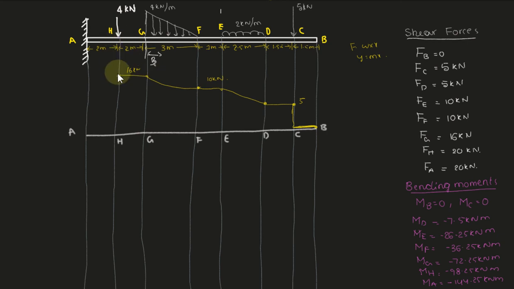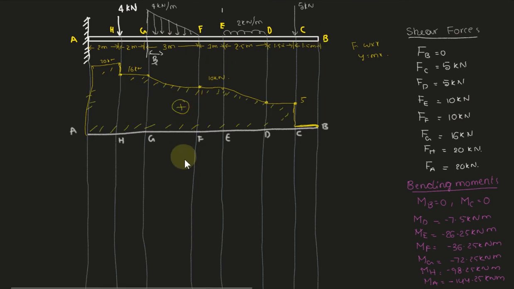And at H 20 kilonewton is added, and there is no load in between H and A, so that 20 kilonewton will be continued up to A. So ultimately that is positive shear force. This is positive shear force. This is the shear force diagram.